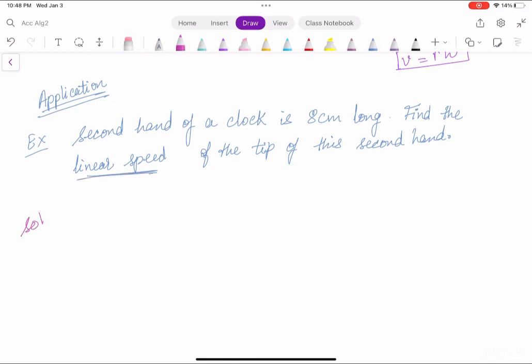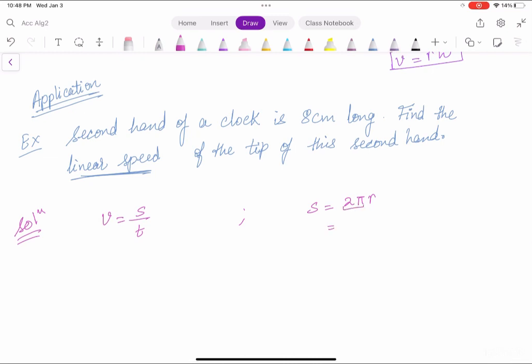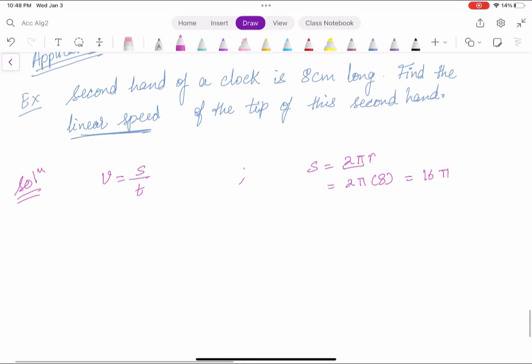What is the linear speed? We just talked about linear speed being S over t. And what is S? S is nothing but 2 pi r. What is r? r is given as 8. So 2 pi times 8, and S will be 16 pi centimeters.